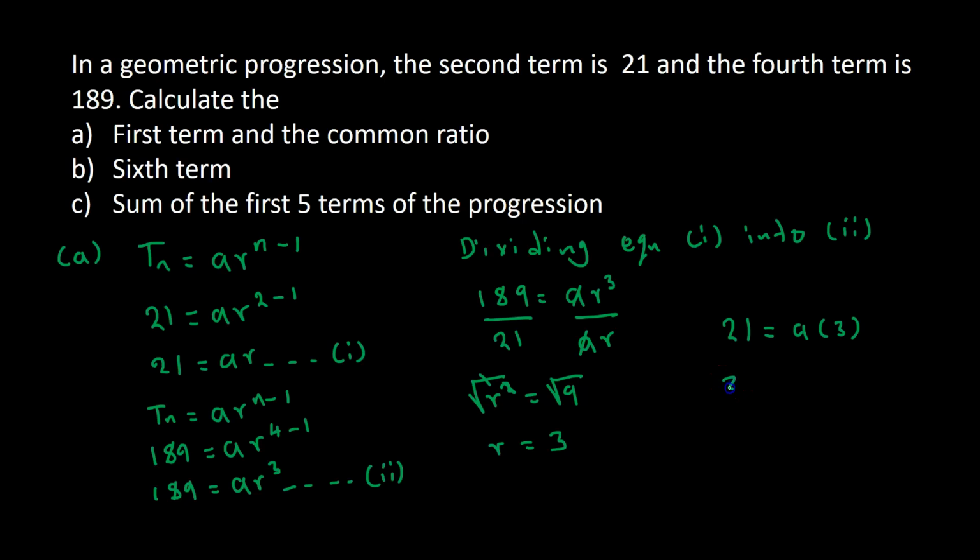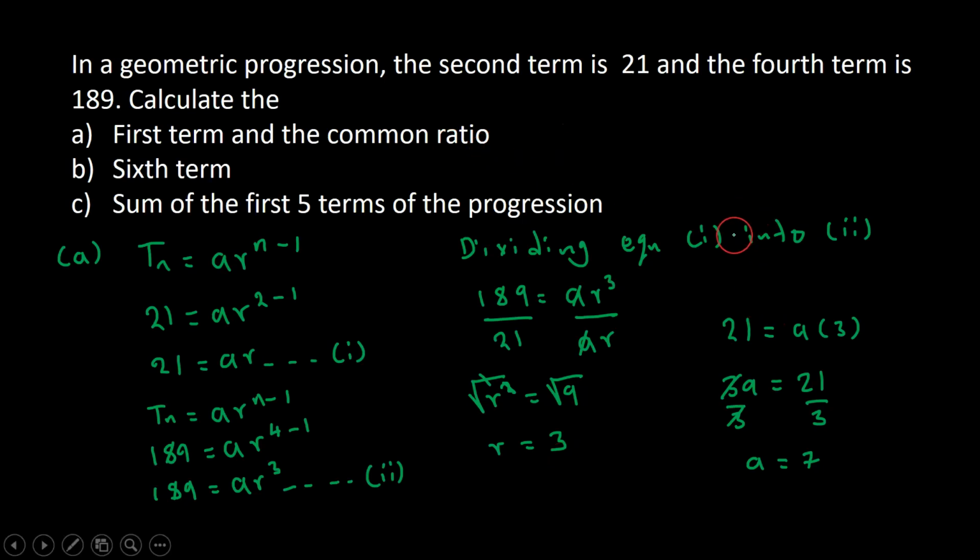So you have 3a equal to 21. We divide throughout by 3, so these will cancel out. You remain with just a, and 21 divided by 3 will give you 7. So our first term is 7. Our common ratio is 3.